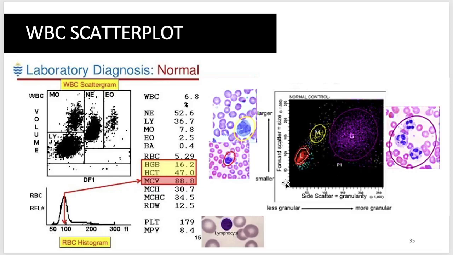You just take note kung ano yung mga properties na nakalagay sa ating diagram. Sa x-axis, side scatter, granularity. Y-axis, forward scatter, the size of the cell. That is how simply interpreting your WBC scatter plot.